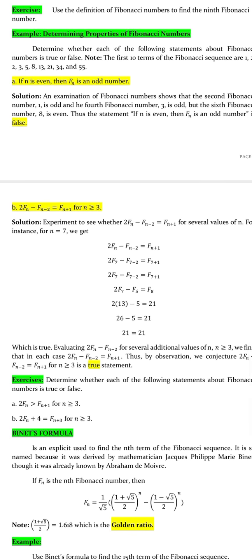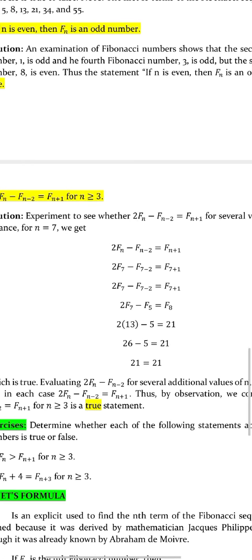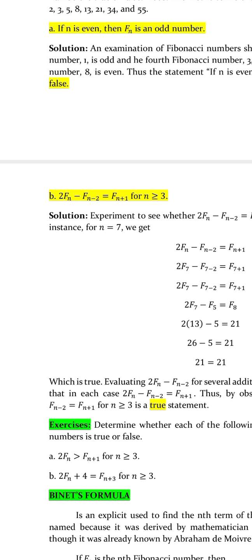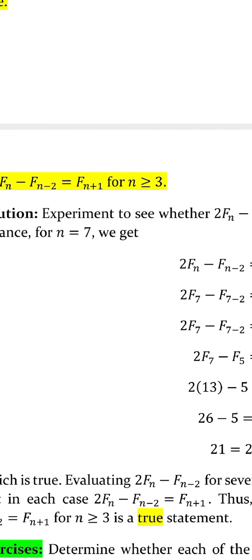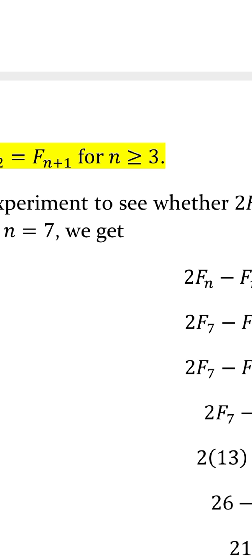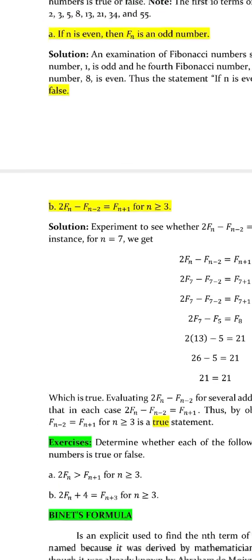So, for letter B: 2 f sub n minus f sub n minus 2 is equal to f sub n plus 1, for n greater than or equal to 3. Take note, there is a given condition, a restriction, that n must start with 3. Because this inequality, n greater than or equal to 3, means you start at 3 and go up.